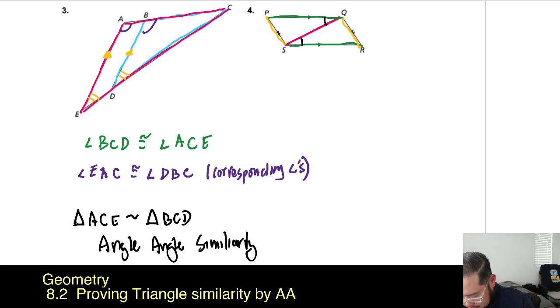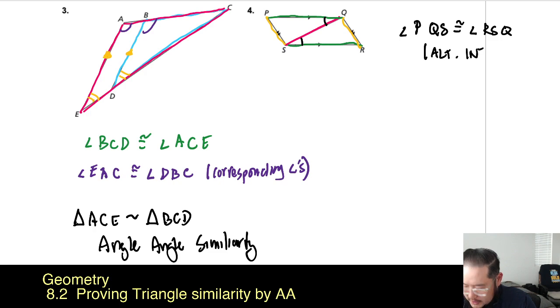Okay, so let's go ahead and put PQS is congruent to angle RSQ, and we can justify that with alternate interior angles. Okay, so I'll go ahead and put that right there.